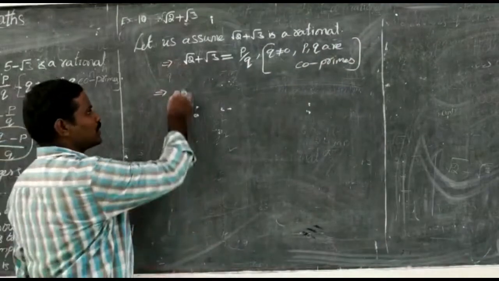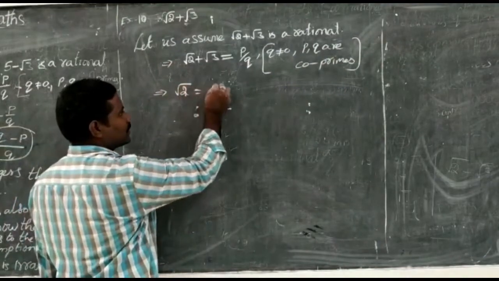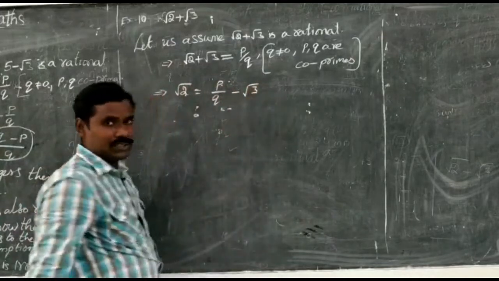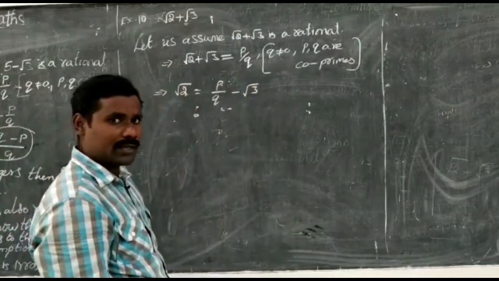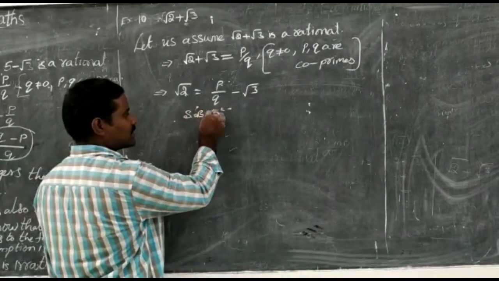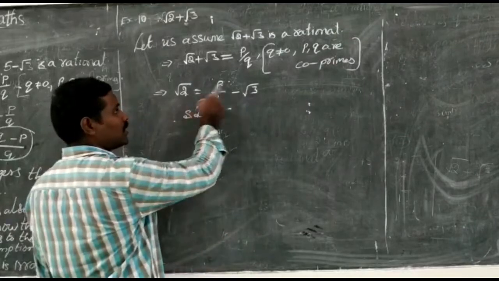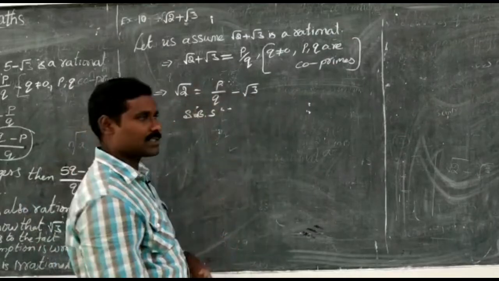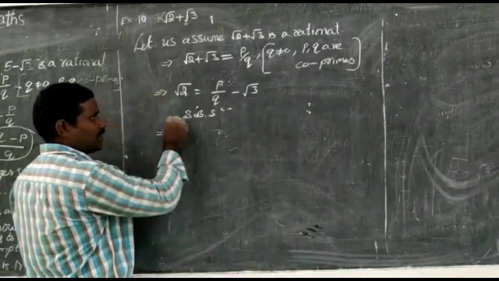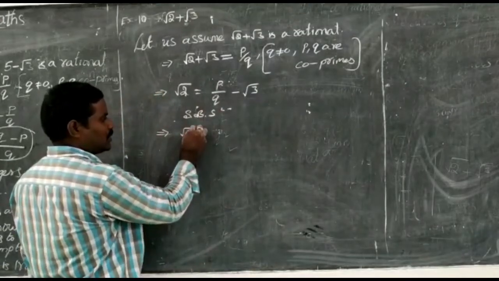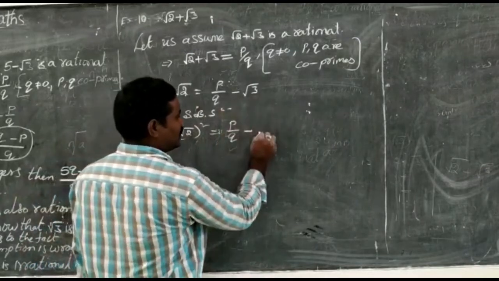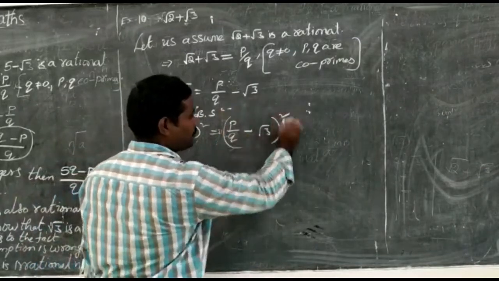Now root 2 equals p by q minus root 3. Squaring on both sides, because both are irrational numbers, now you can reduce one irrational number. Root 2 whole square equals p by q minus root 3 whole square.